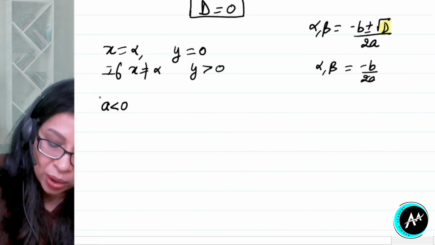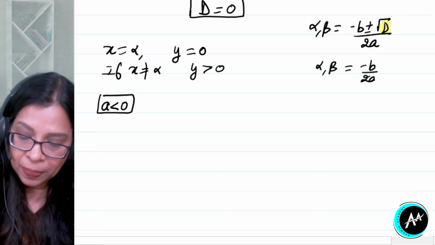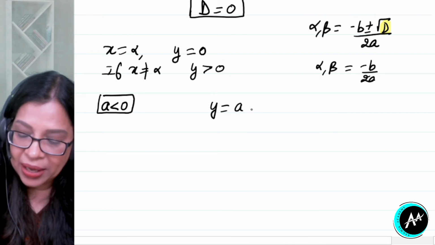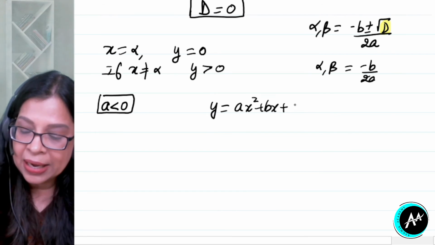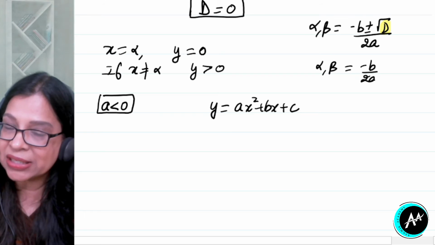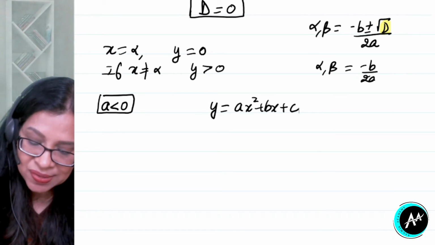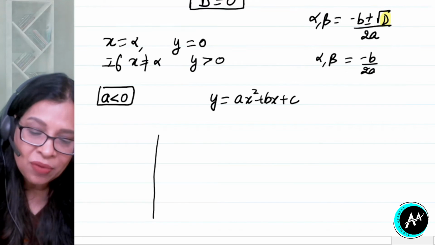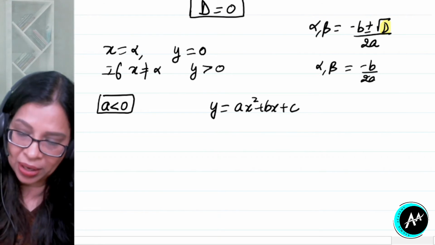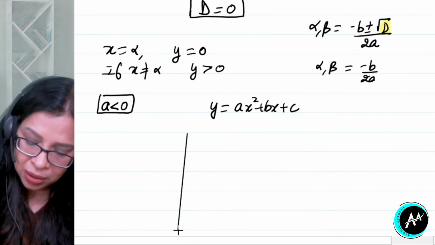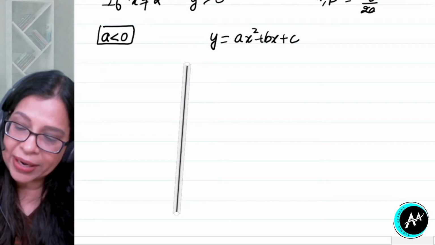Now let us see what happens if a is negative. Again we see the graph of ax square plus bx plus c, and we are doing the case when it is touching x-axis at one point only. So you know that in this case parabola will be opening downwards. Let me draw that.